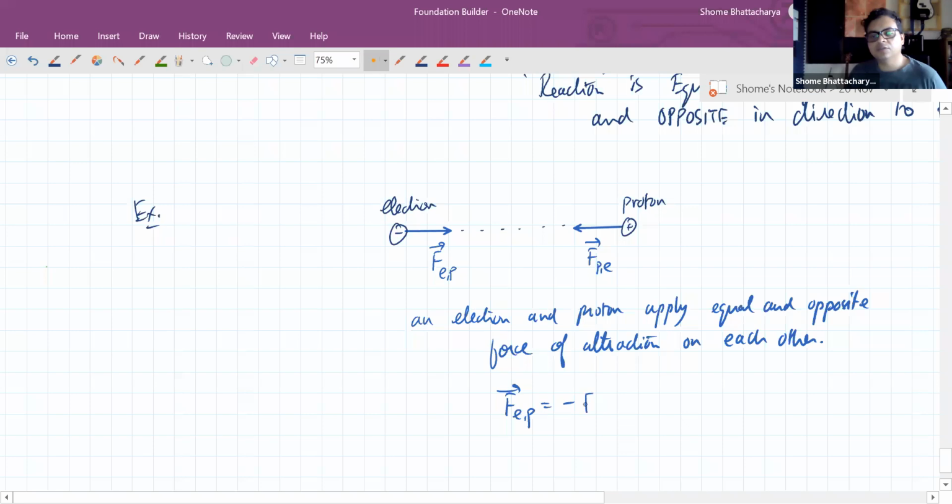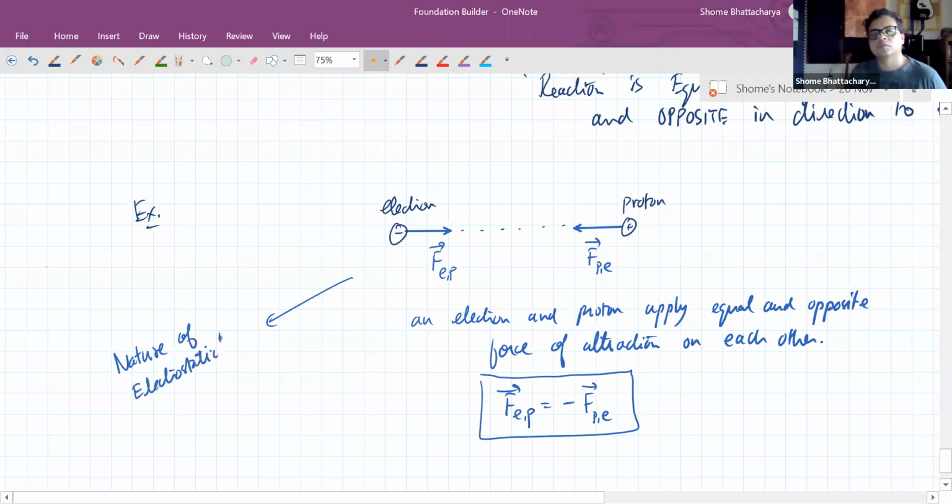So this is a fundamental truth about the nature of electrostatic force. This is an example that basically shows you the nature of electrostatic force. This is given by something called Coulomb's law, which we'll study later in 12th.